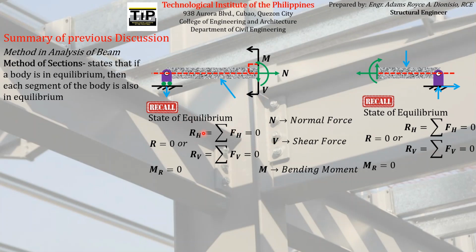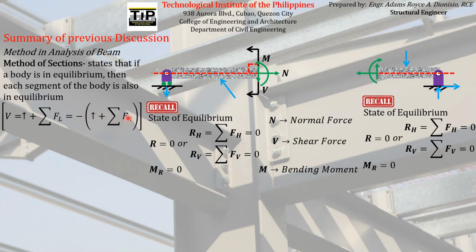We can use this method, or we can use the formula that we formulated in our previous discussion, which tells us that the shear force acting at a specific location is just the sum of the vertical forces either on the left or on the right of this particular location, with the sign convention that all upward forces are positive.